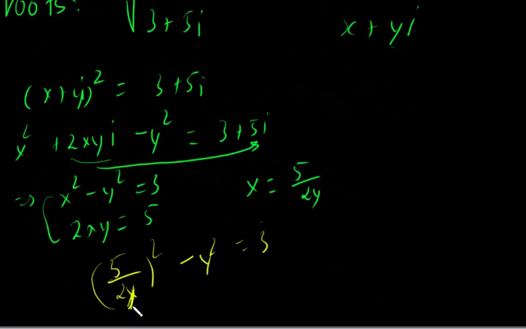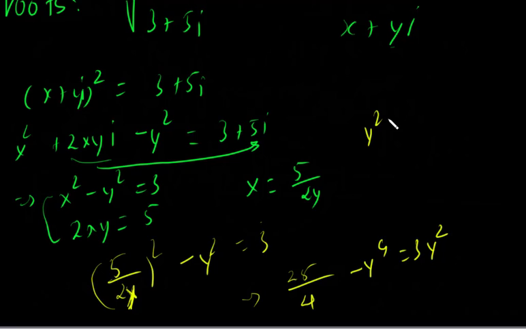Now this is a bit complex. So say you multiply these two with y squared, so here we get 25 over 4. So y squared times 1 over y squared is nothing. And here we have minus y to the power 4 equal to 3y squared.